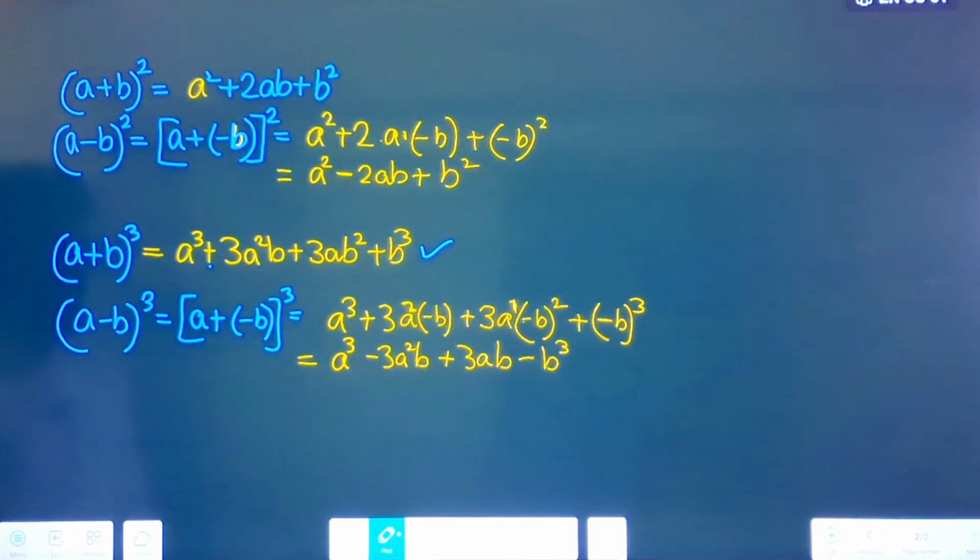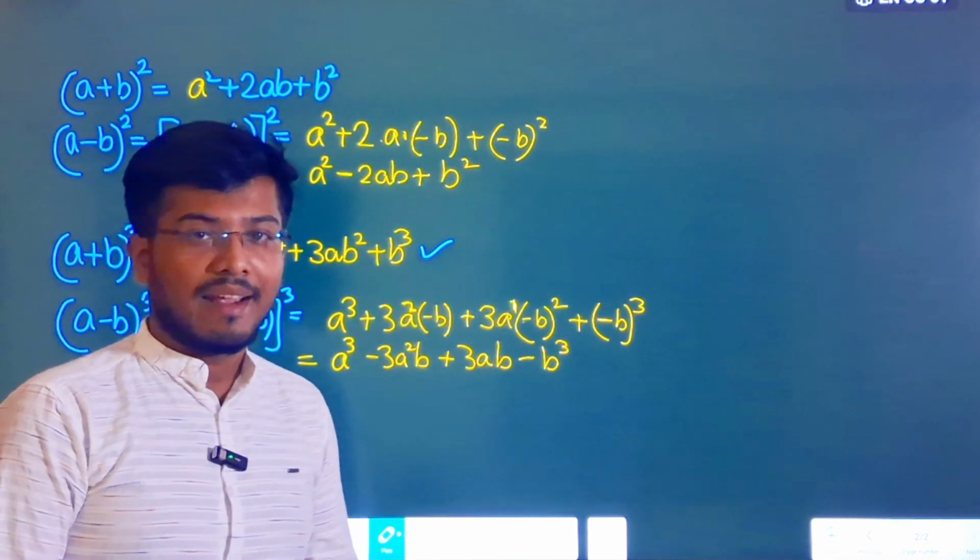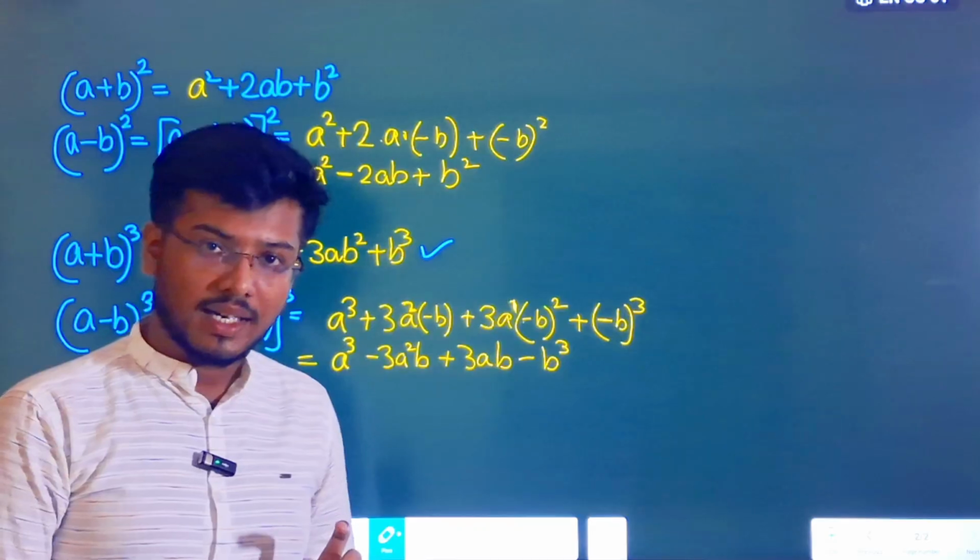So in this way you have to find out all the formulas related to (a + b) to the power something or (a - b) to the power something. Clear? Am I right? Yes or no?